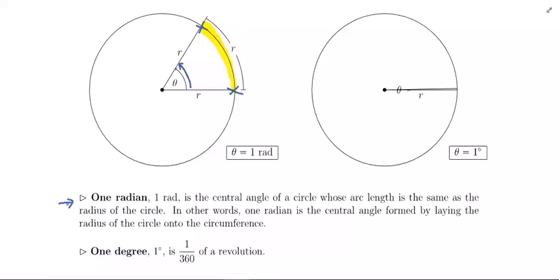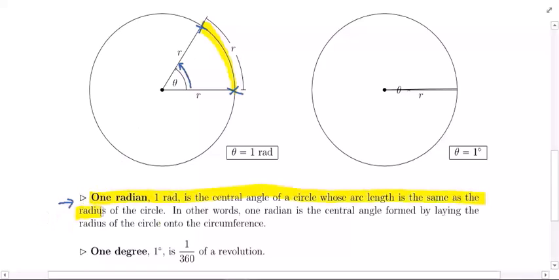That is extremely important. Right there, that statement tells you what a radian is. I'm going to highlight it in yellow because it is super important. So if you're going back through your notes, you want to remember this.